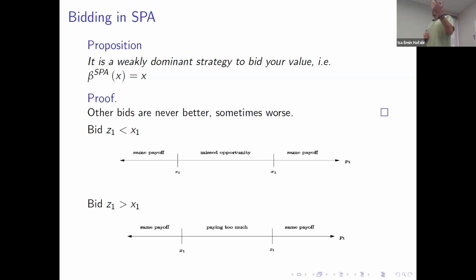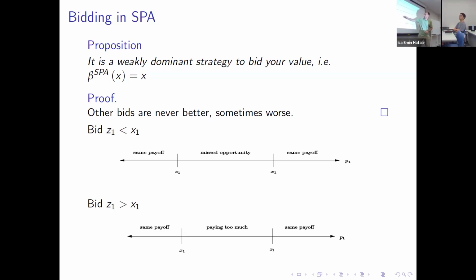And to see that bidding the value dominates underbidding or overbidding, we can look at this figure. Let's say the highest bid among my opponents is Z1, and I have a value of X1, and I'm considering bidding something smaller than X1, namely Z1.